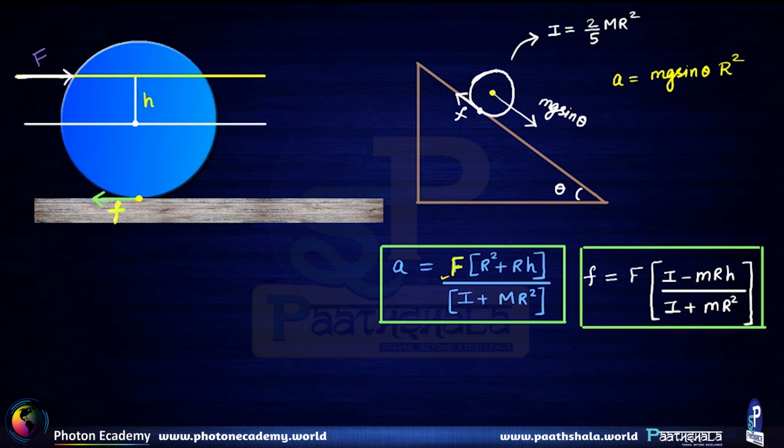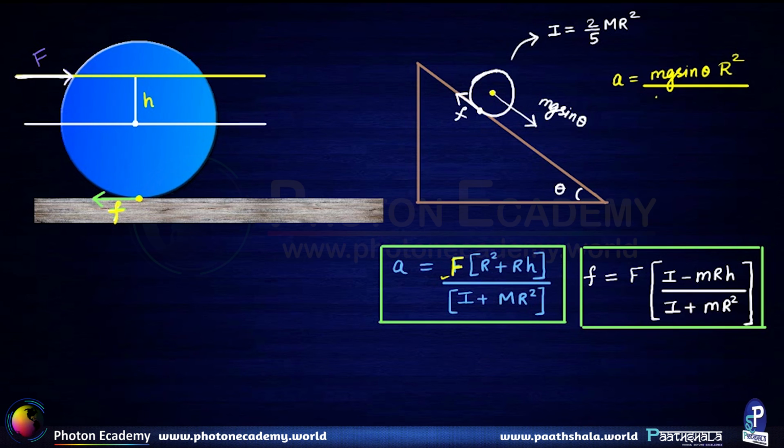The denominator happens to be, in this particular case, I, which is 2 by 5 mr square plus mr square.